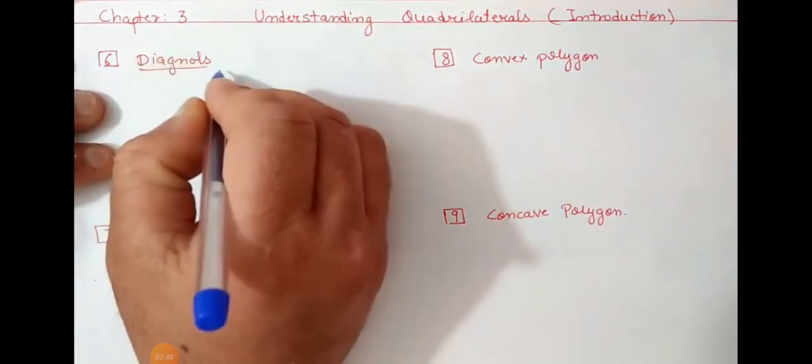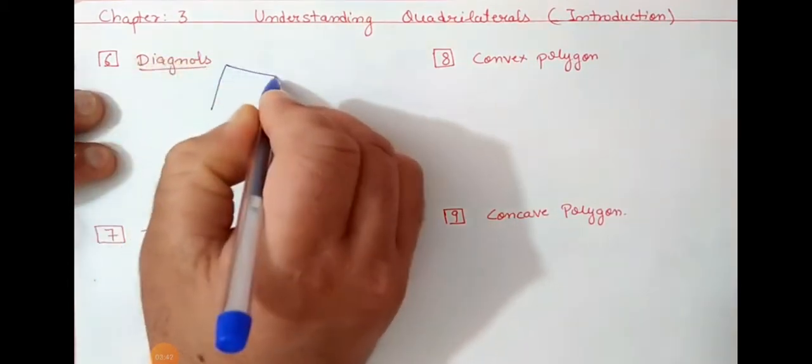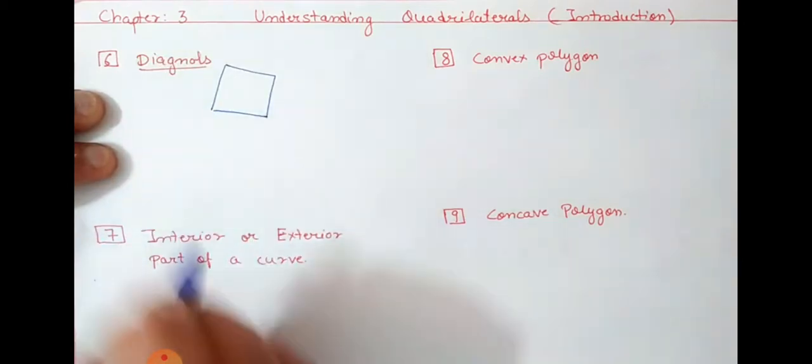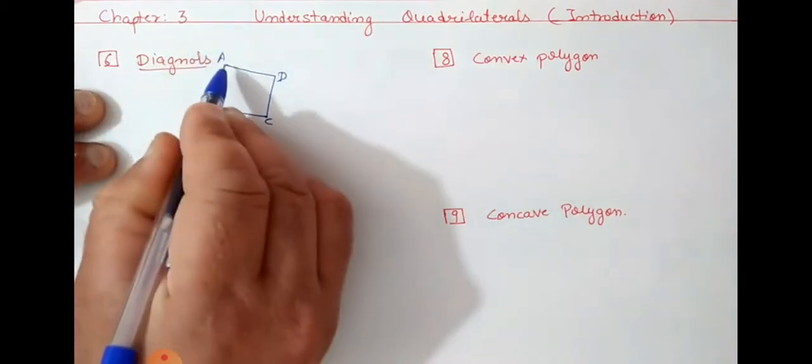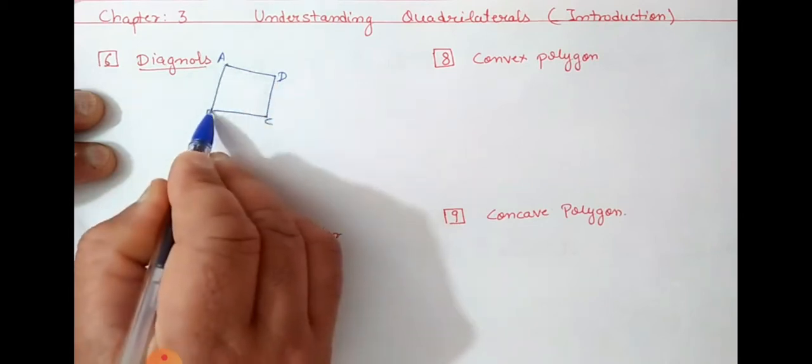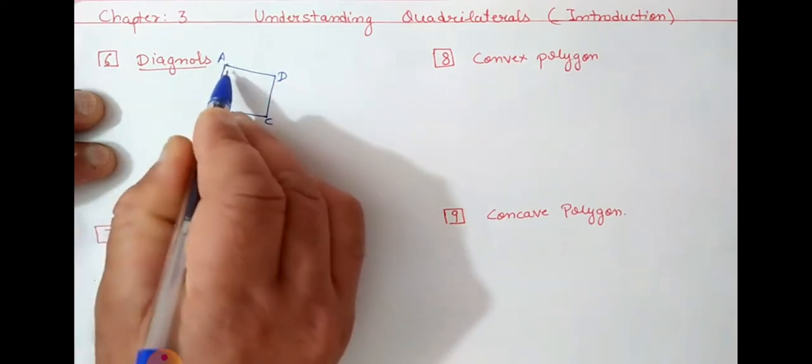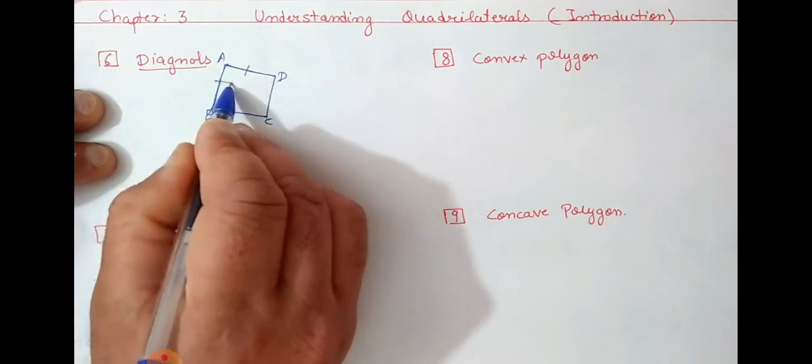Next one, diagonals. A diagonal is a line segment connecting two non-consecutive vertices of a polygon. See, this is a quadrilateral picture. Here 4 sides, 4 angles are there.